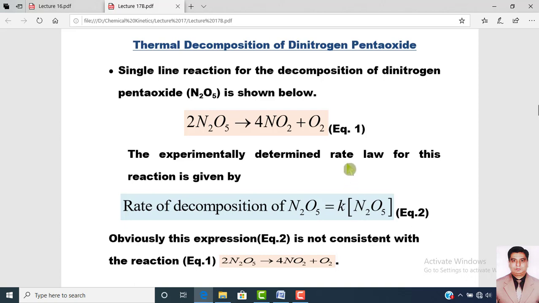It is not matching with equation number 1. So we can say when dinitrogen pentoxide is thermally decomposed, then the experimentally and mathematically determined rate law for this reaction will be as per equation number 2.